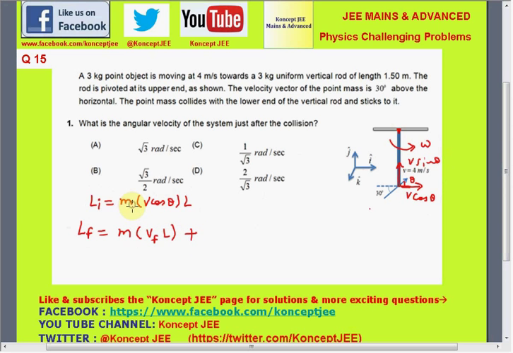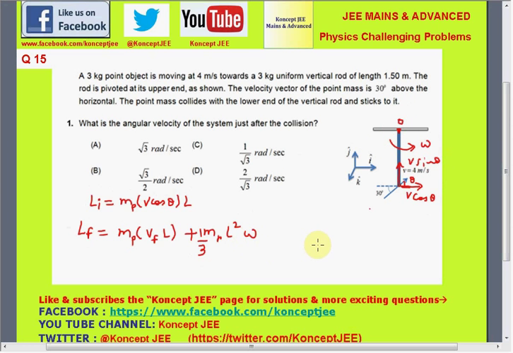We can put a nomenclature of mp here for the point mass. Similarly, the angular momentum of the rod is 1 by 3 mr L square, which is the moment of inertia of the rod about this pivot point, let's say O, times omega.